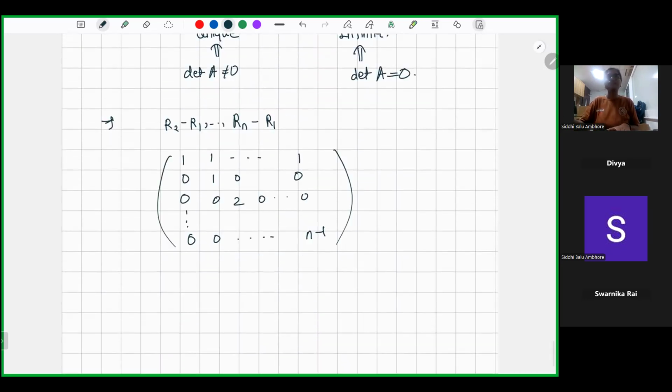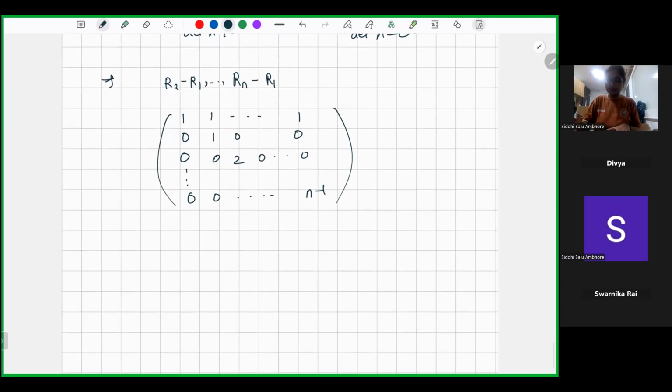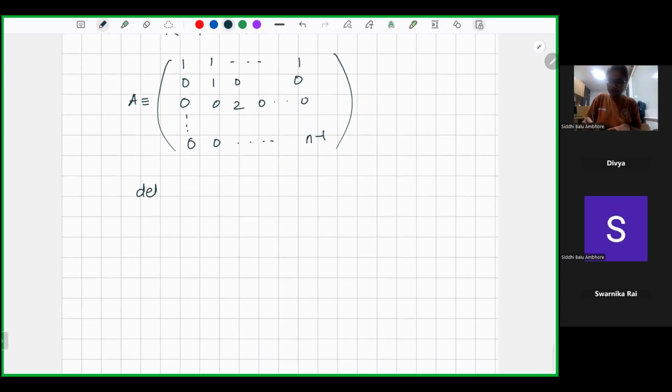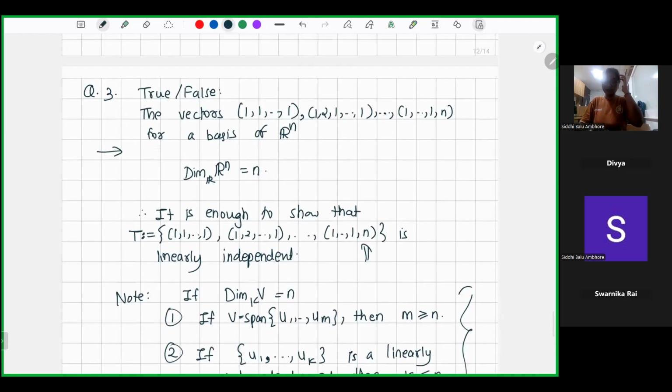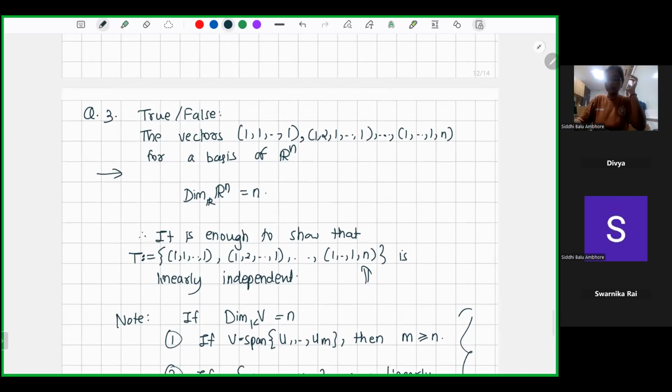Call this A dash, so determinant of A is equal to determinant of A dash, which is just 1 into 1 into 2 into n minus 1. This is non-zero; we can assume n is greater than or equal to 2.